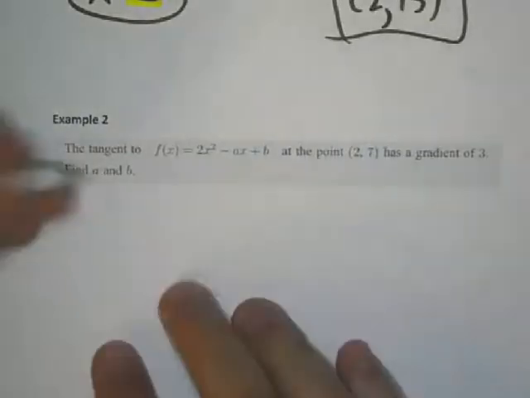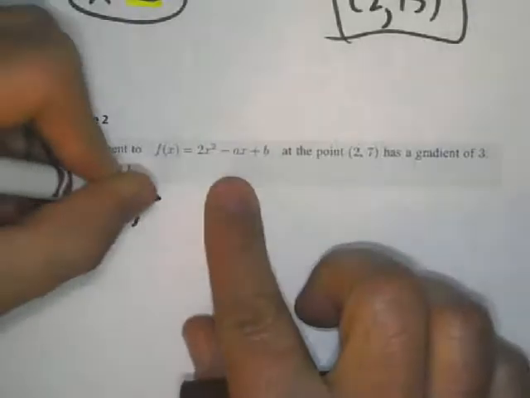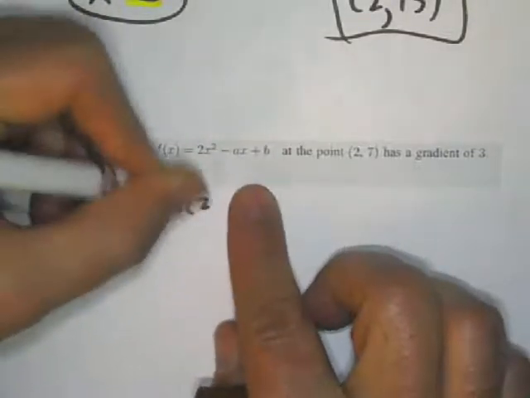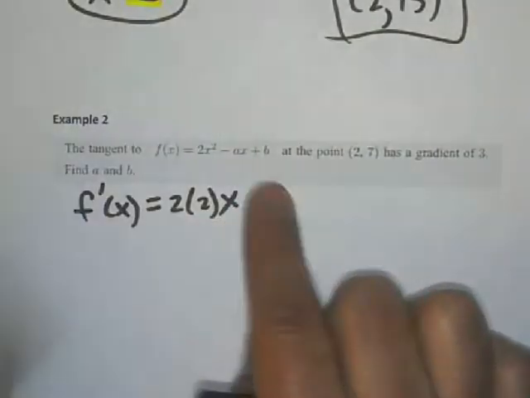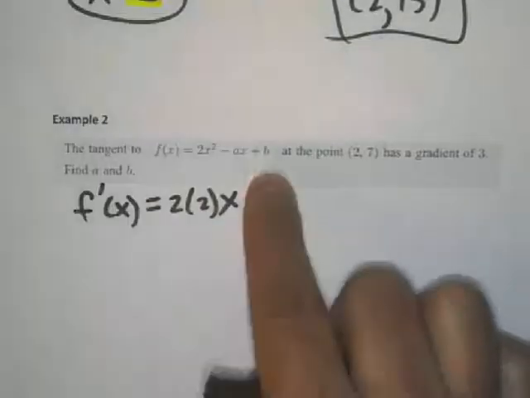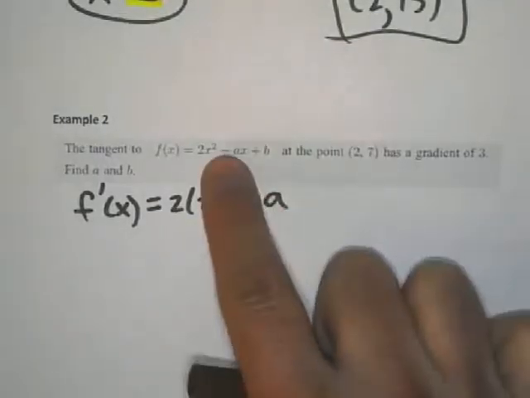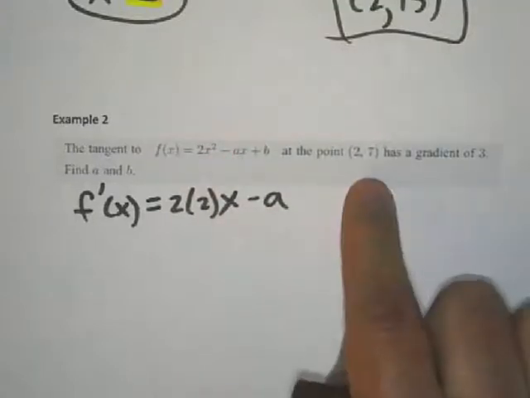So the derivative is equal to, this 2 comes to the front, we end up with 2 times 2x minus a, and the derivative of b is going to be 0. The derivative of -ax is going to give me -a.